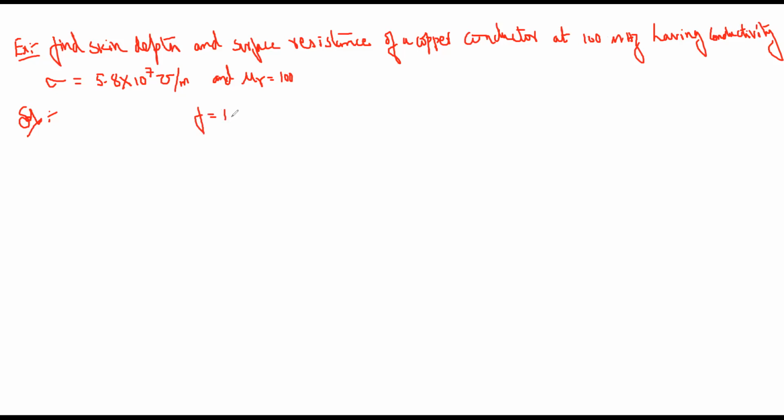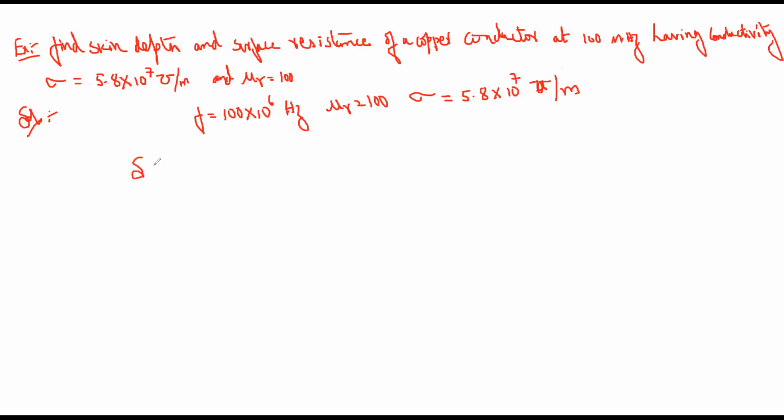Let us write that: 100 into 10 to the power of 6 hertz, and mu r is given, that is 100, and the conductivity is also given, 5.8 into 10 to the power of 7 per ohm meter, and we need to find the skin depth and the surface resistance.